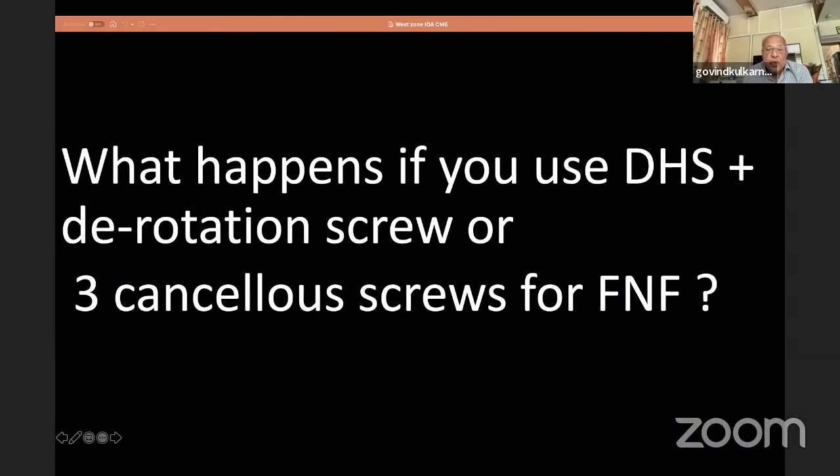What happens if you use DHS plus derotation screw or 3 cancellous screws for fracture neck of femur?